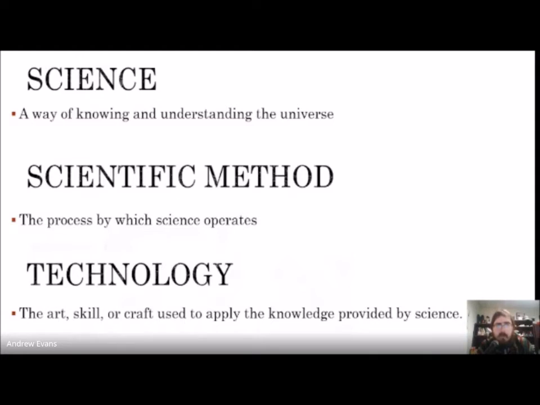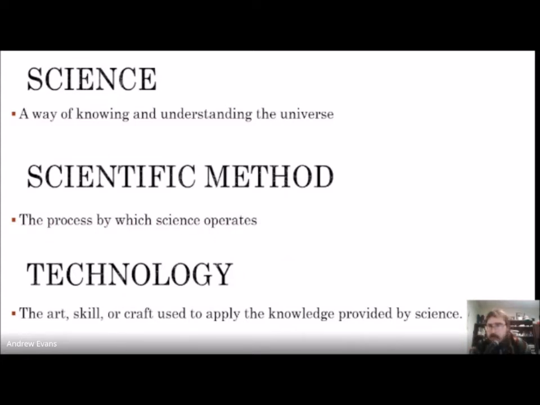Science is simply a way of knowing and understanding the universe. Science comes from the Latin word "scire," which means to know. So we have to ask questions in science. We have to observe the way these questions are answered.